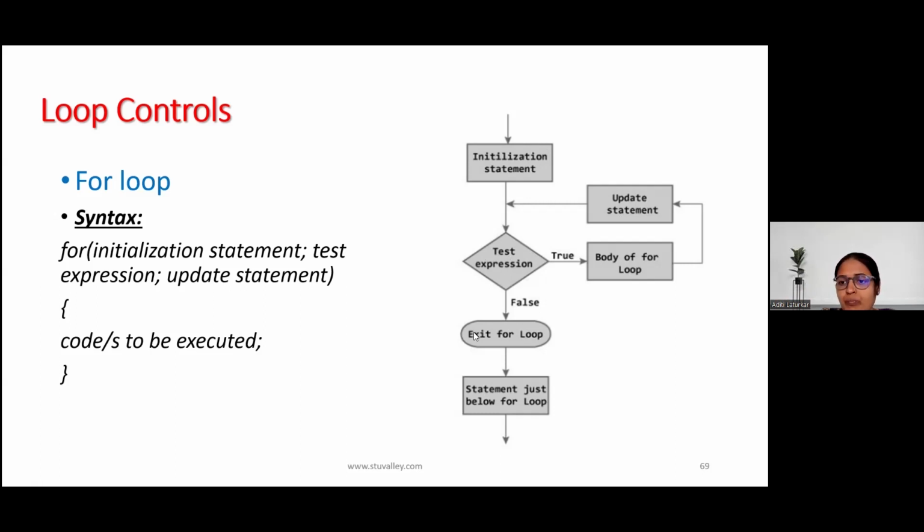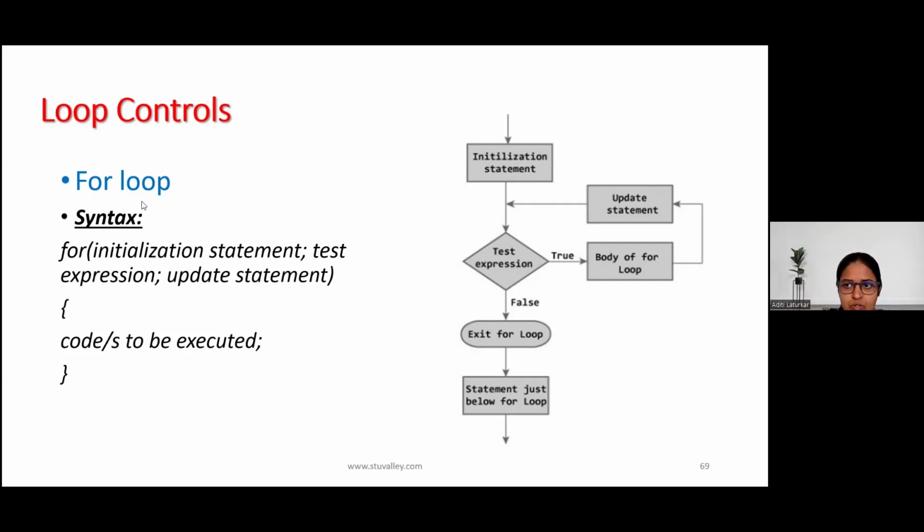When to exit that loop depends on your condition itself. So you need to add the condition that will stop your loop. If your condition is not correct, that means it is wrong, then it always goes into an infinite loop. Okay, so first we are seeing loop control here.